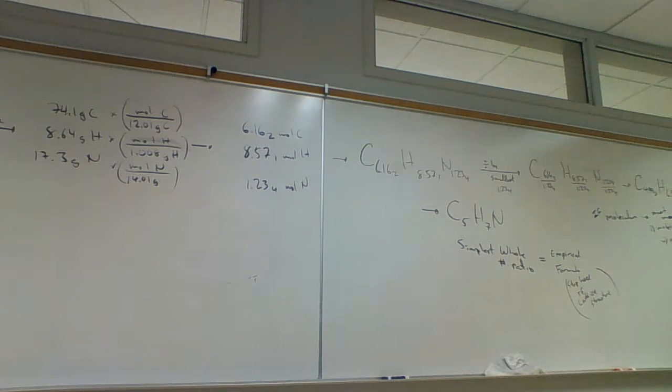Molecular mass would be U per molecule. Molar mass would be grams per mole of molecules. They're the same unit, same number. And so how do you measure the mass? What instrument can you use to measure the mass of atoms and molecules?